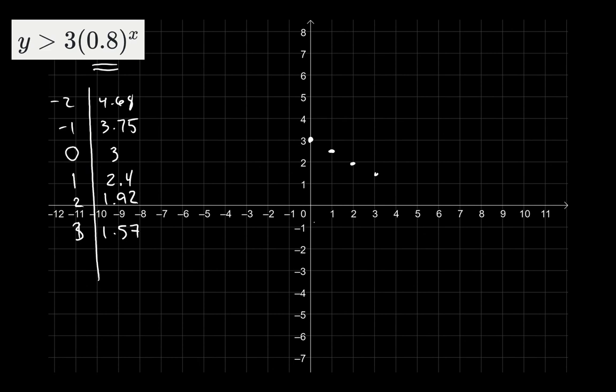If I move back to negative 1, I'm at 3.75. So at negative 1, I'm getting close to 4. At negative 2, I'm at 4.68, so I'm getting close to 5. I feel like I need to look at some more. At negative 3, I'm at 5.9, so almost 6.